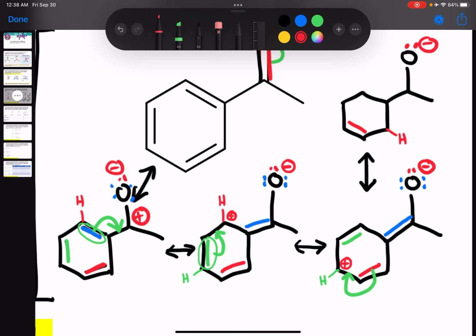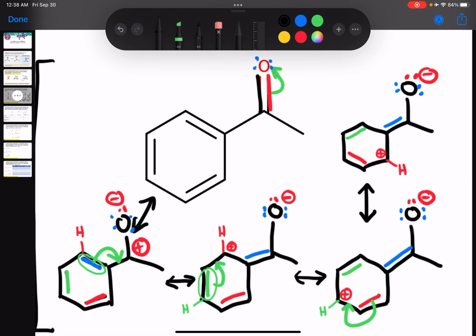Where it was once located, we'll have the positive charge there. And then if we move the blue pi bond back into the ring, the positive charge ends up back on the carbonyl carbon. And so the cycle has ended.